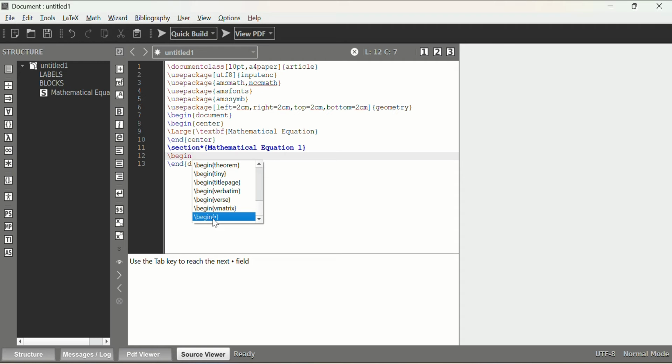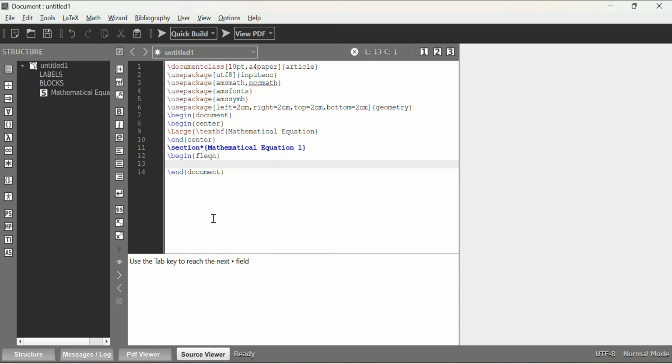For that we are going to begin flEqn, which is nothing but flush left equation, that is aligning the equation towards the left. If there is a begin flEqn, there will be an end flEqn also, and we have to give the formula or equations always within a backslash square bracket.